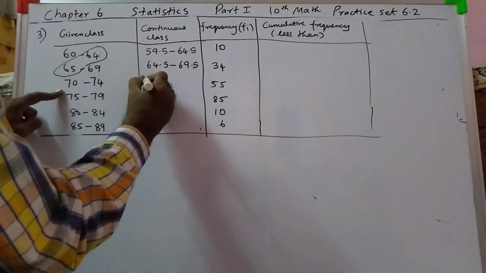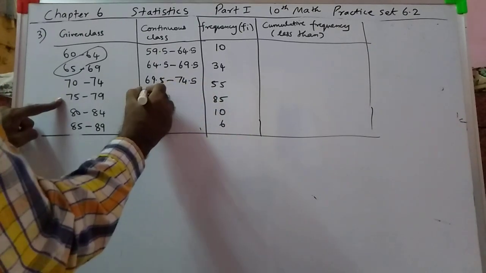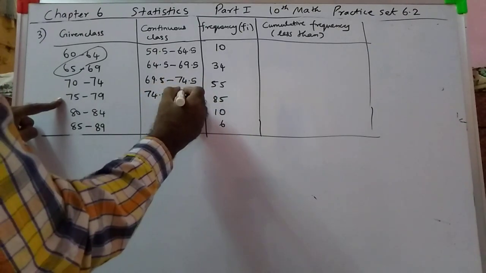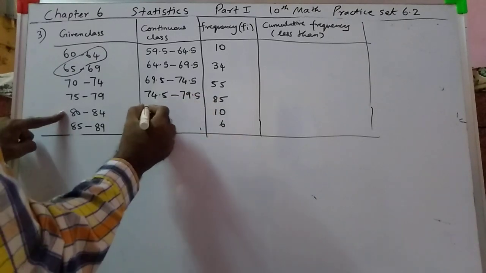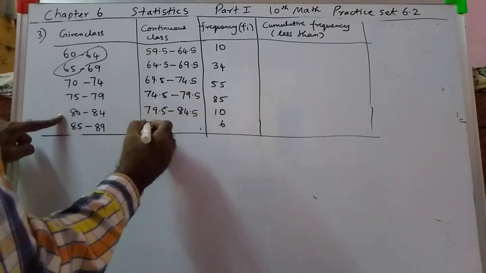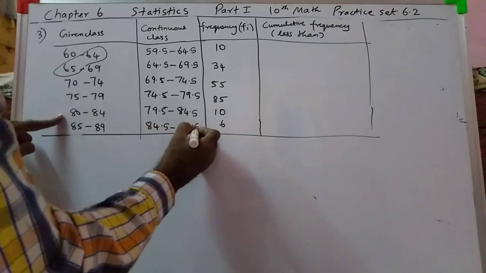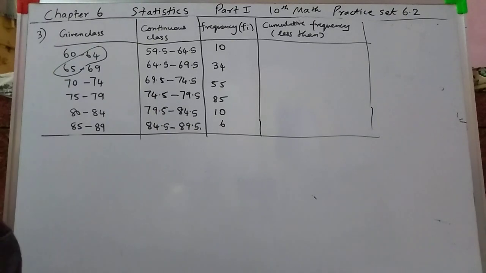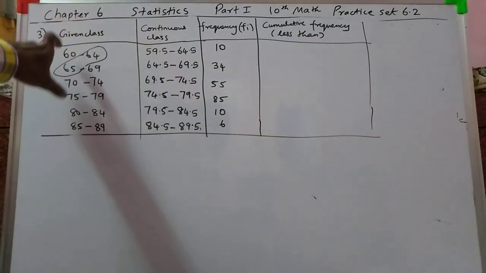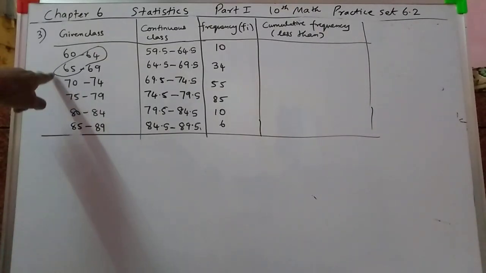So that will become 69.5, 74.5. Then 74.5, 79.5. Then 79.5, 84.5. Then 84.5, 89.5. I hope you got that. This is the way you convert a given class into continuous, only if it is discontinuous.